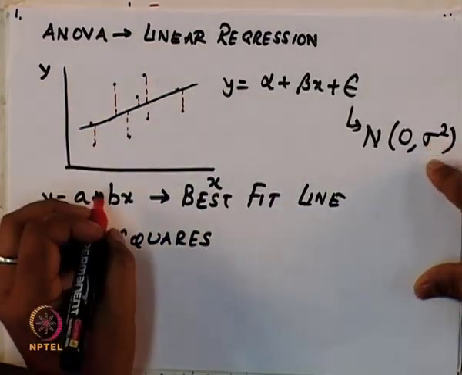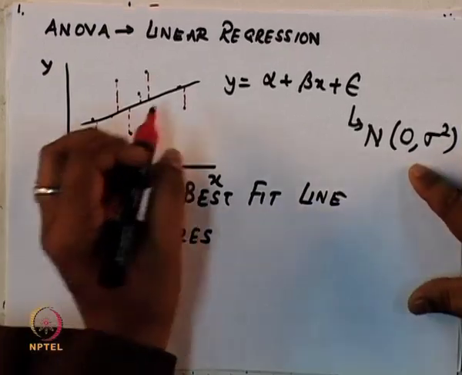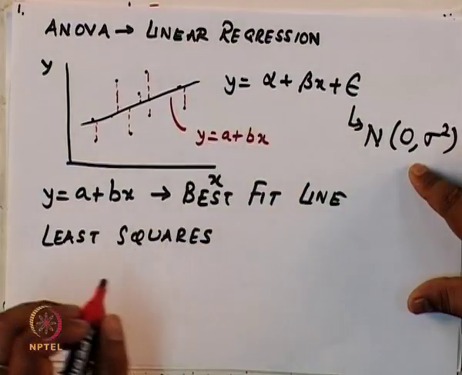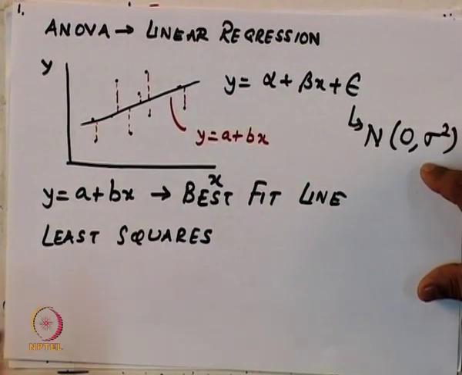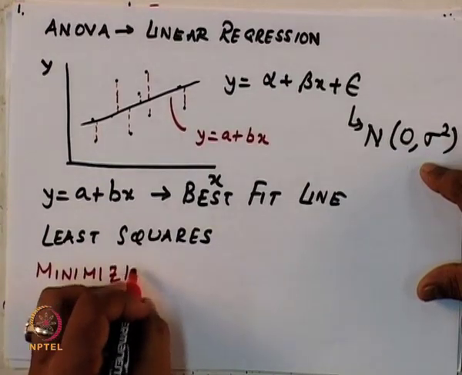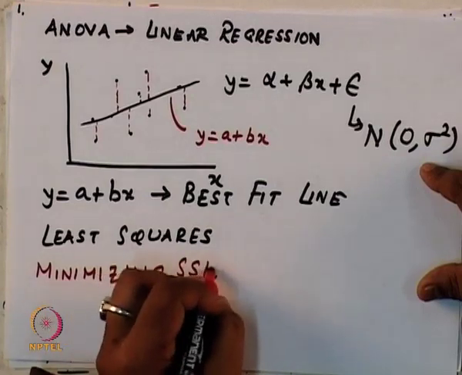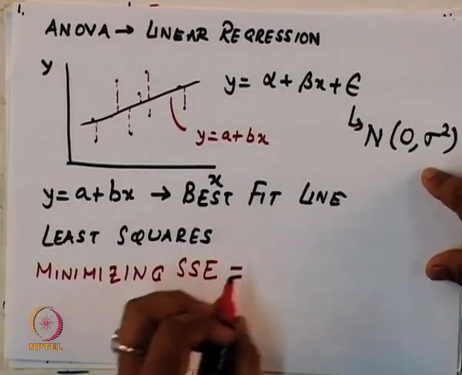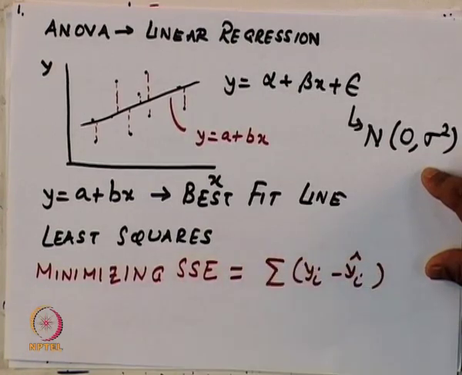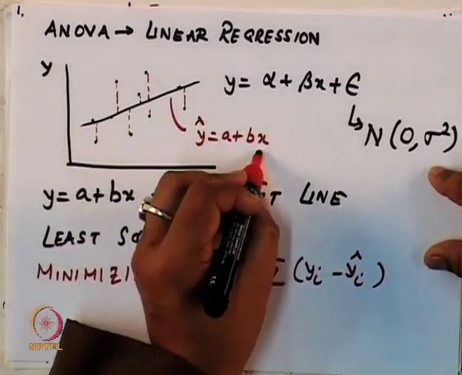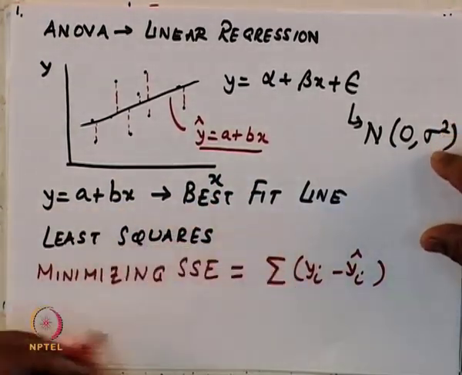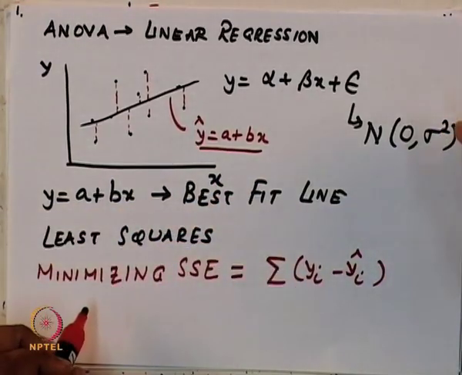So, if this equation is y is equal to a plus bx, in your least squares approach you are minimizing the sum of squares of errors, which is given by the expression summation of yi minus yi hat. What is yi hat? Y hat is the linear equation a plus bx. Okay. So, you want to minimize this particular term, SSE.